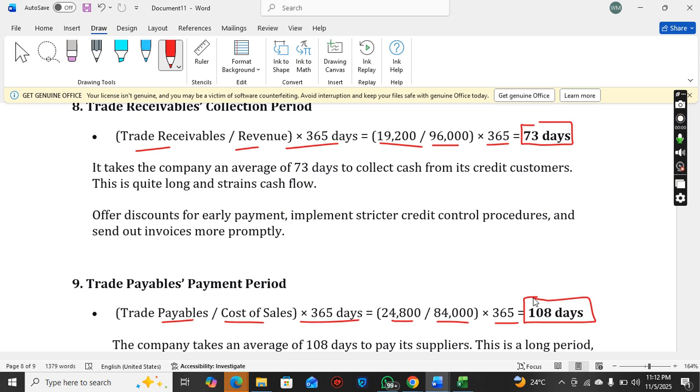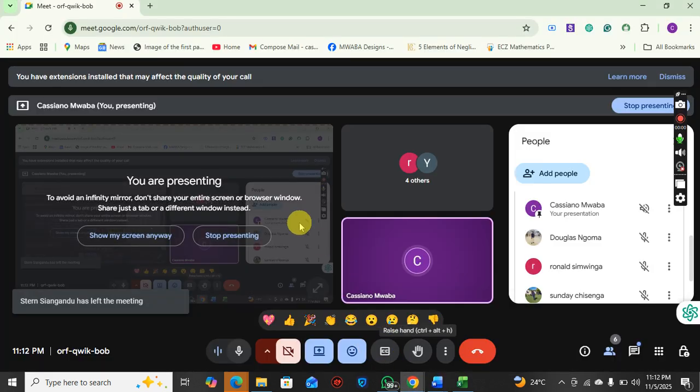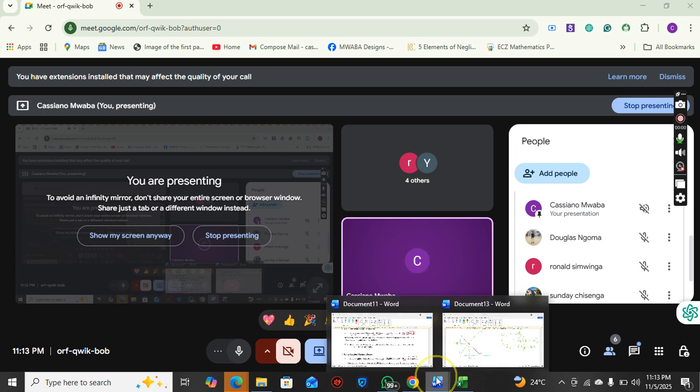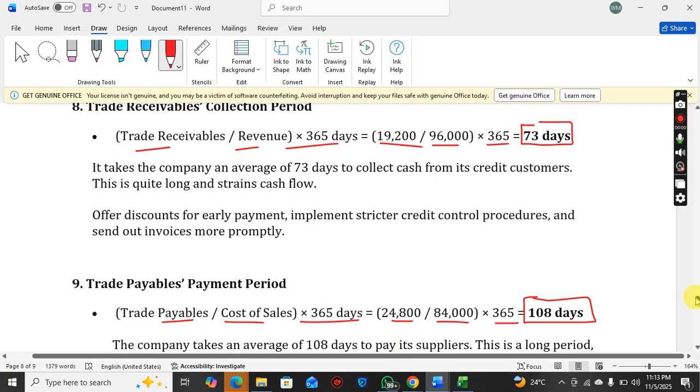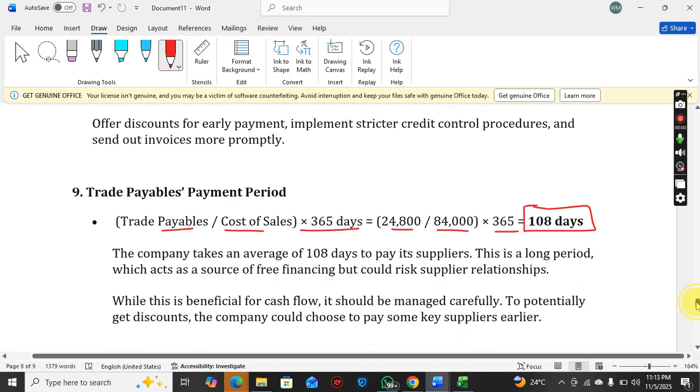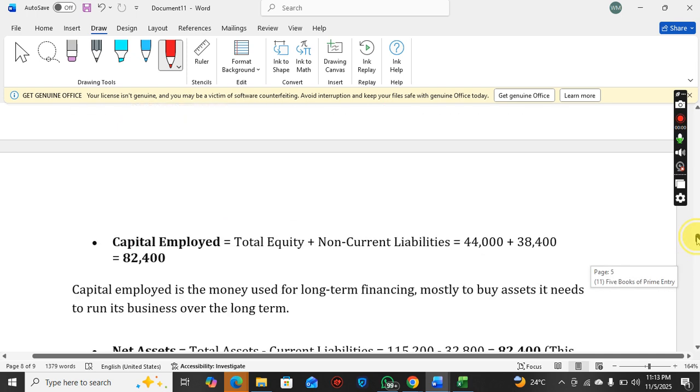On Christmas you work, on Independence Day you are working. Now if you've got public holidays, would it be advisable to multiply by 365 days? If there are days your shop is closed during the week, would it be advisable to multiply by 365, colleagues? Research on that, okay? Research on that.